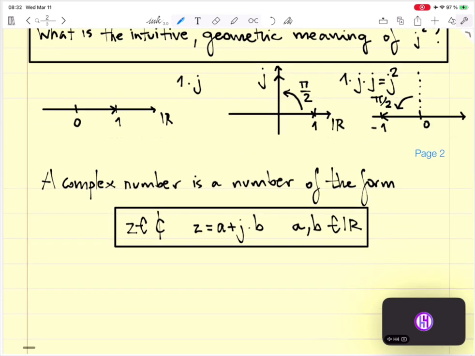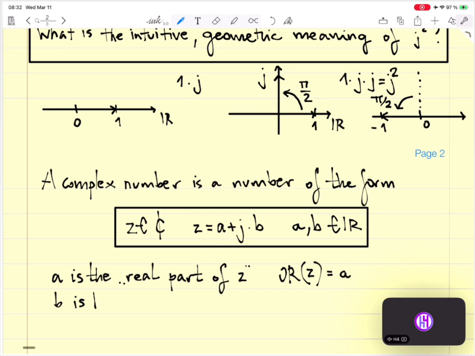We say that a is the real part of z. We write it like, let's say, real of z.